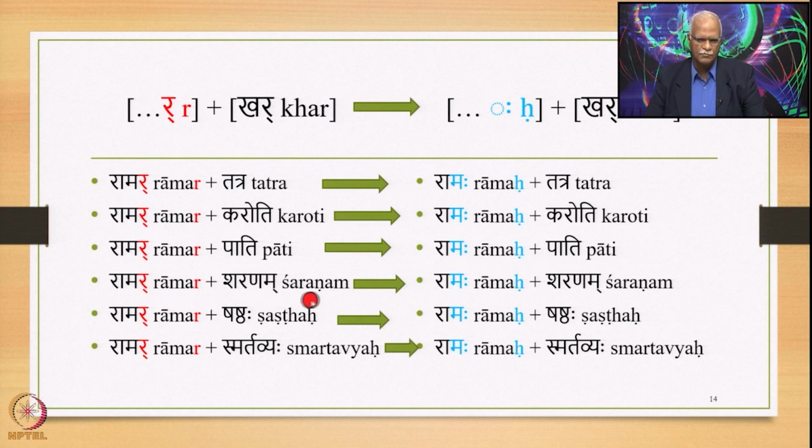Ramar plus sharanam and the output generated is ramah sharanam. Ramar plus shashtaha and the output is ramah shashtaha. And finally ramar plus smartavyaha and the output is ramah smartavyaha. In all these cases, r is followed by one of the khar sounds, and so r gets substituted by the visarga.